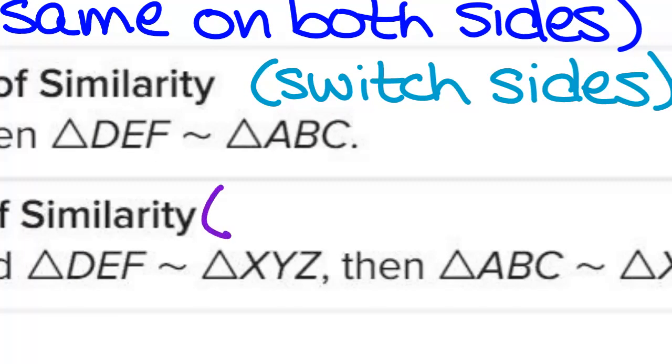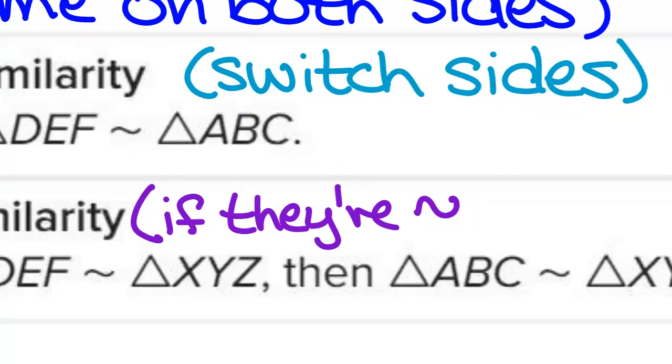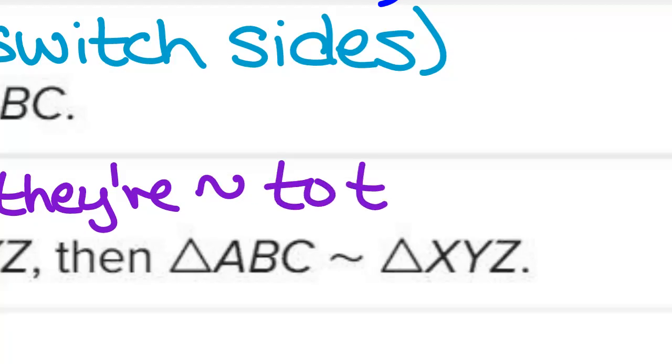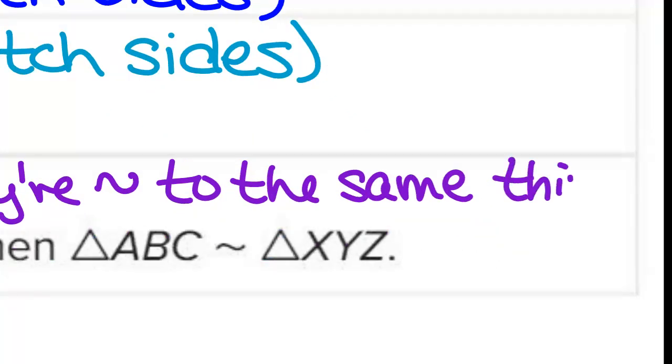If they're similar to the same thing, they're similar to each other.